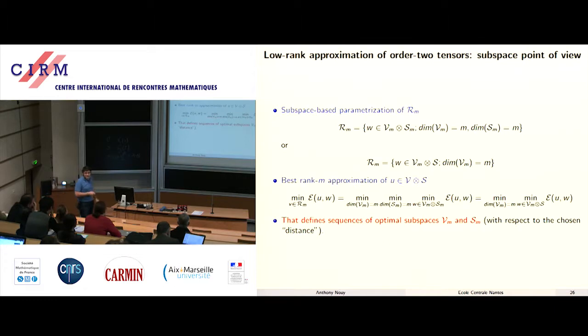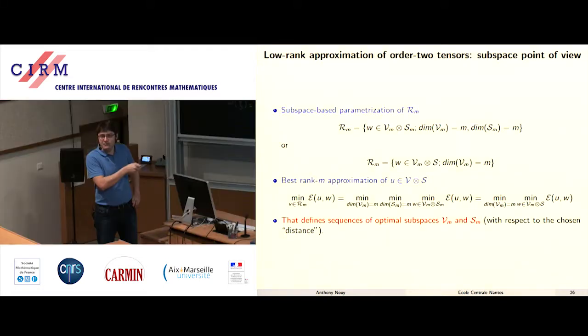Now you can adopt a subspace point of view and reparameterize your subset of rank-M elements as the set of elements of a tensor product space, the tensor product of an M-dimensional space with another M-dimensional space. So in fact, this manifold is parameterized by M-dimensional spaces. The optimization problem in this manifold is nothing but an optimization problem on M-dimensional subspaces.